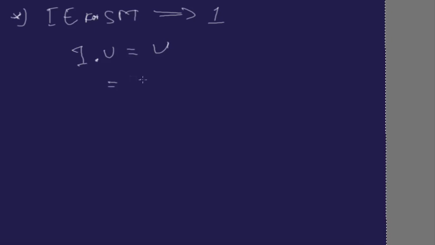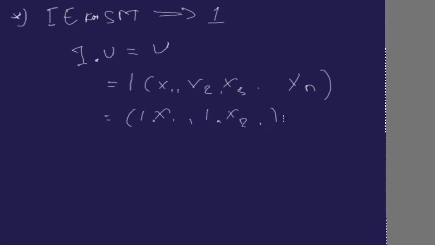So we only write 1 here: 1 times x1, x2, x3, up to xn. Then we have 1 times x1, 1 times x2, 1 times x3, up to 1 times xn.